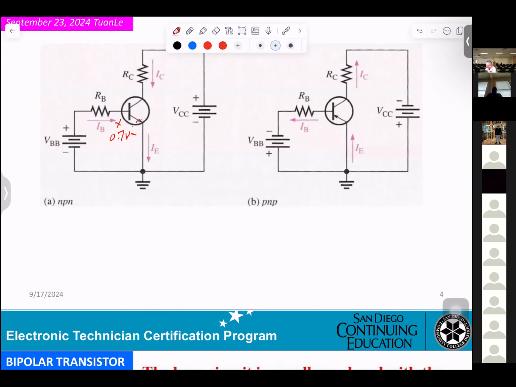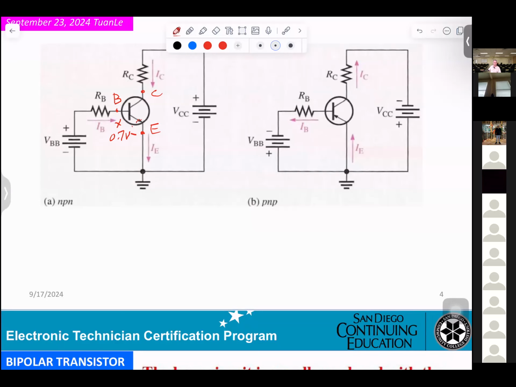And if you're looking into here, this is the base. This is the collector, and that's the emitter. If I want to measure the VB, so you get a DMM.